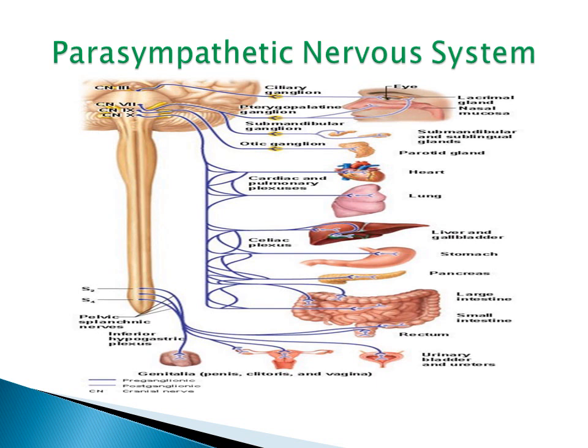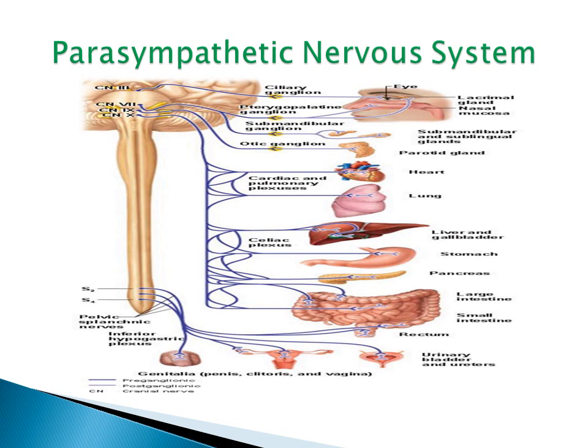They innervate the descending colon, rectum, urinary bladder, urethra, internal sphincter, and accessory sex organs. These are all innervated by the parasympathetic division of the pelvic nerve. So that is the basic organization of the parasympathetic nervous system.